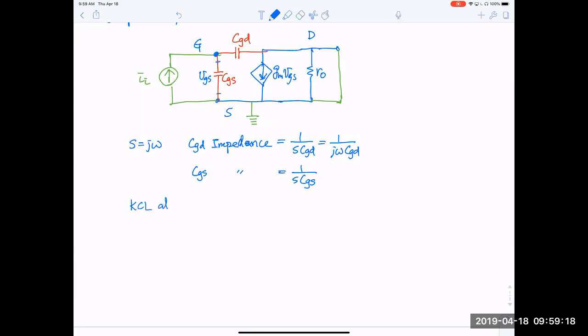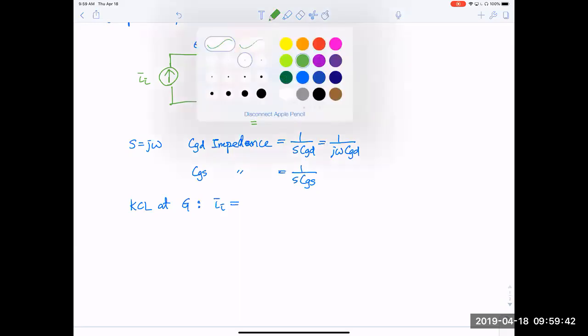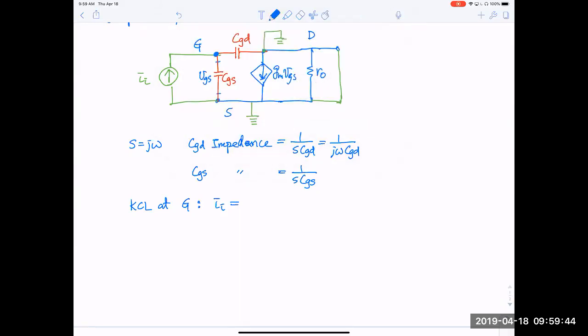So if we do KCL at not drain, at gate, at G, we'll see Ii is simply equal to, there are two current paths. And this is actually ground, so the ground extends all the way there. So I can just simply put the ground here, all right? This is because of our short circuit load. So this is equal to two paths.